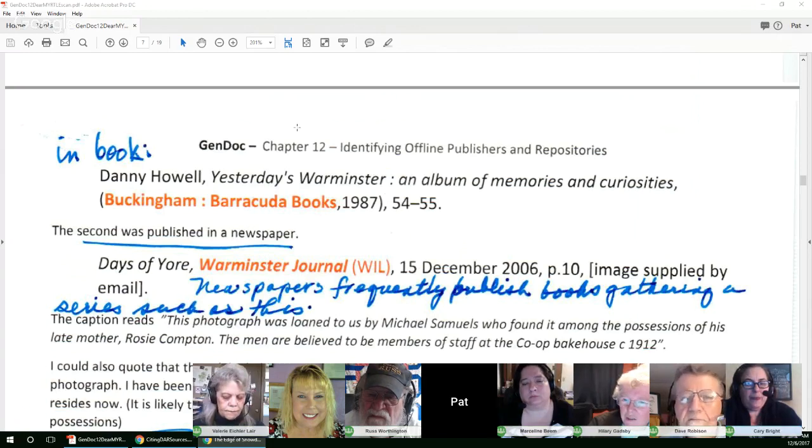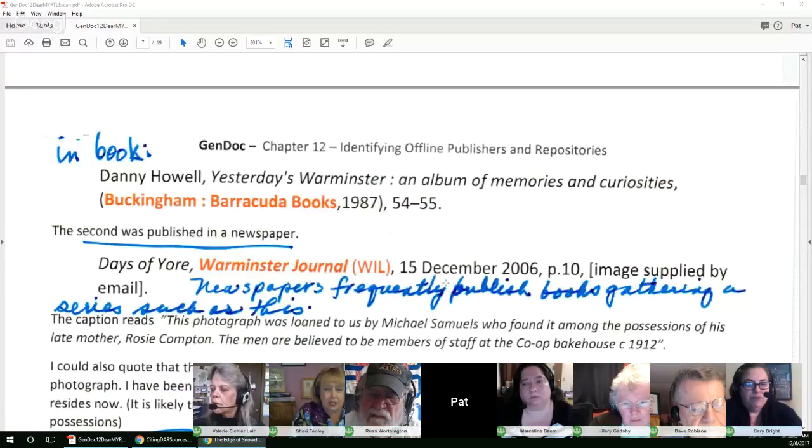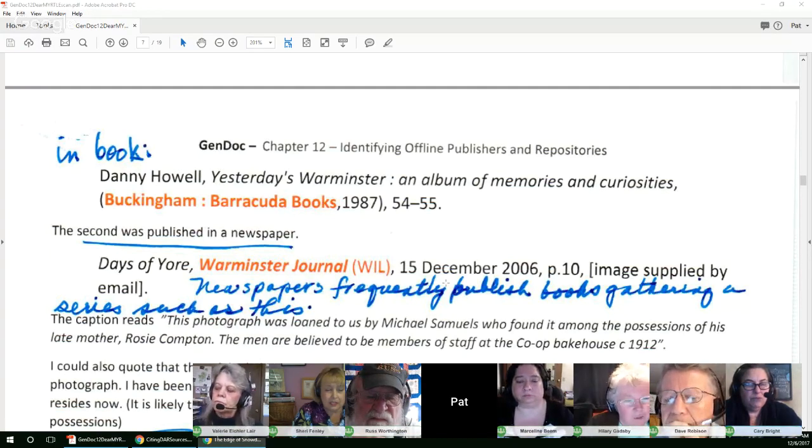Yeah. What does WIL stand for here? I've put that in because WIL is a Chapman code for Wiltshire. A lot of our counties in England have Chapman codes we use as a shortened form of the county. So if I was going to use that, I'd have to explain that this was a Chapman code, because I'd probably use a lot of Chapman codes.